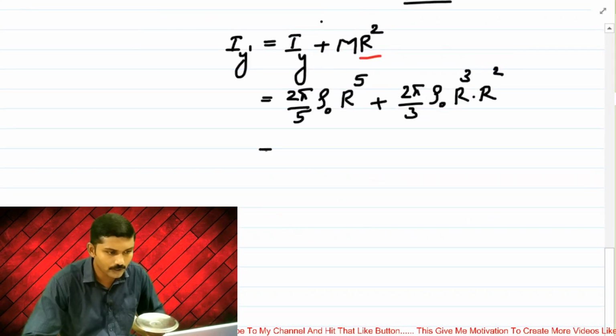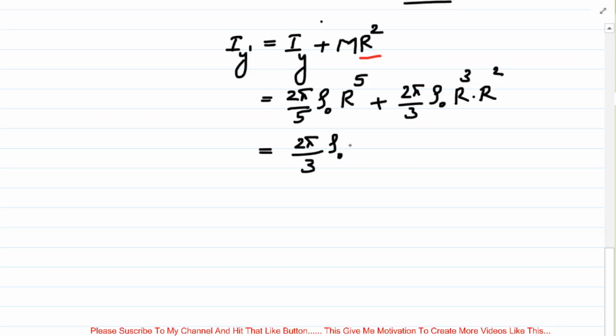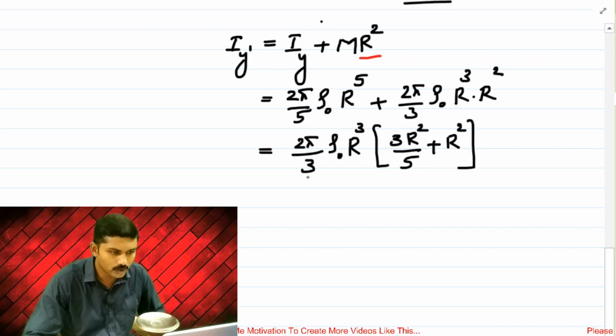This gives you 2 pi by 3. You can take out the common value, rho naught, as a common factor, multiplied by r cube into 3r square by 5, plus r square. I hope you can follow this. Why do I have to take this out?